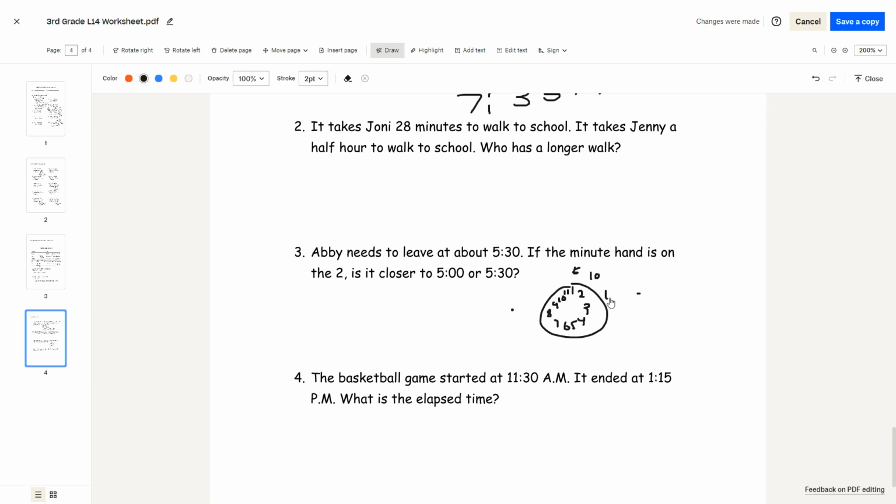So 5, 10, 15, 20, and then whatever, right? So if our minute hand is on 2, then that means it's 10 minutes. So if it's 5:10, it is closer to 5 o'clock because it's farther away from 5:30. So to 5 it is only 10 minutes away, and 5:30 is 20 minutes away.